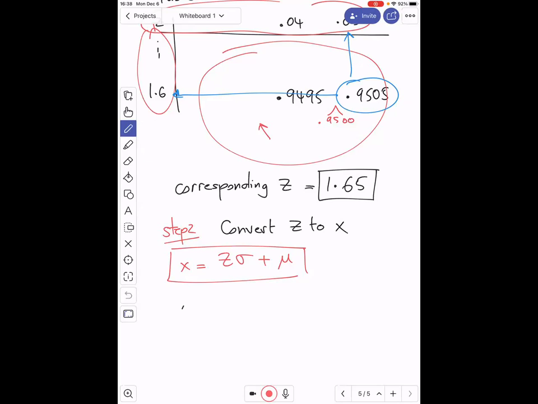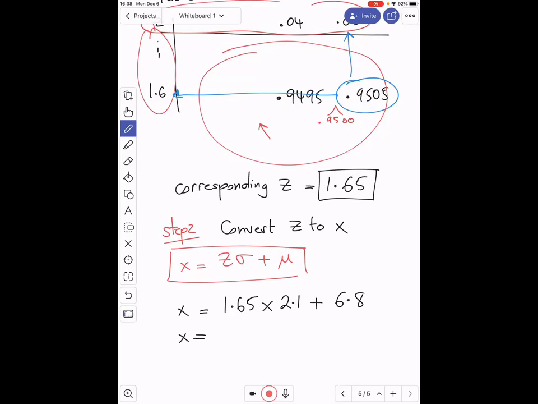So X would be Z, which is 1.65, times the sigma. Let's see, what's the sigma in this problem? 2.1, right? Plus the mu, the mean, that's 6.8. Don't forget your PEMDAS rule. You have to multiply first, right?